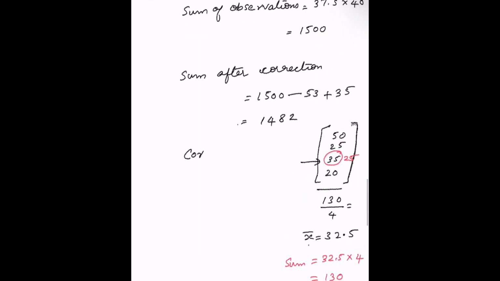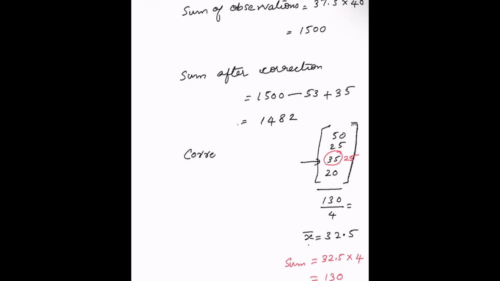Here, the sum after correction would be, so the person has wrongly added 53. So you remove 53 and you add the correct number, which is 35. Then you get 1482 as the sum.